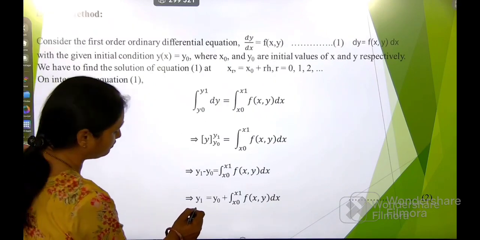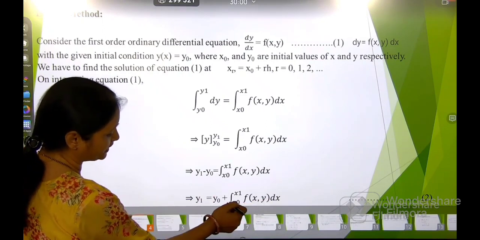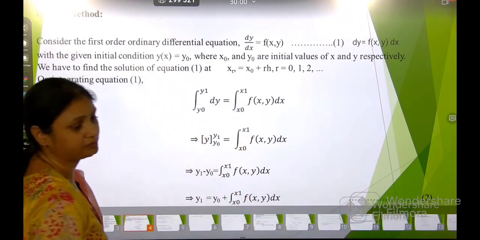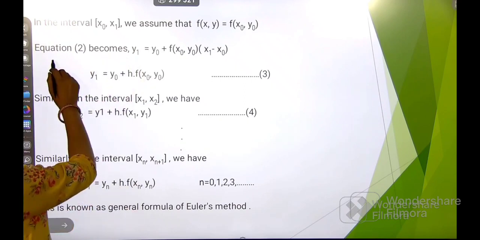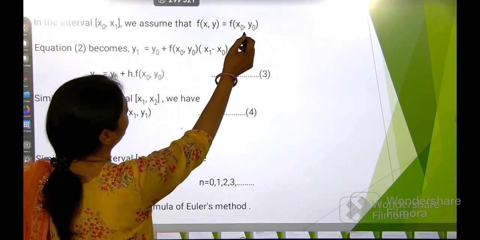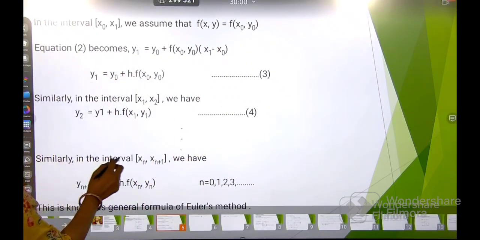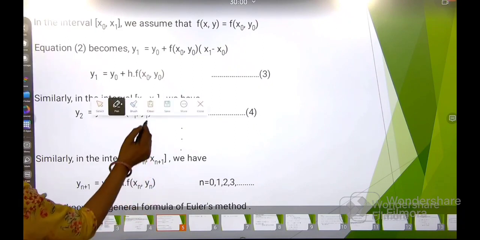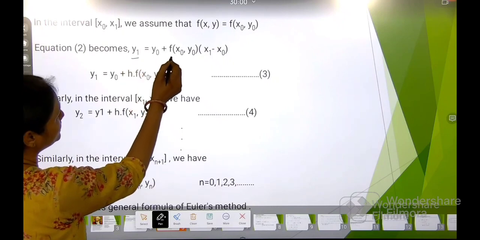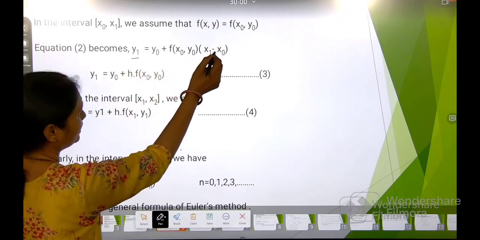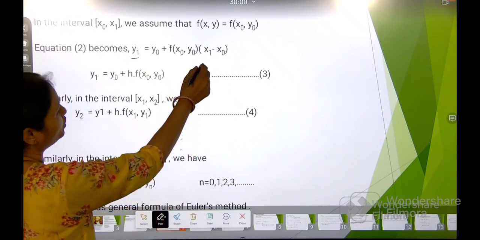So as we have the equation y1 is equal to y0 plus integration of f of x comma y dx from x0 to x1, this is our equation 2. Putting the value of f of x comma y equal to f of x0 y0 in equation 2, we get y1 is equal to y0 plus f of x0 y0 into x1 minus x0, because the x limit is x0 to x1.